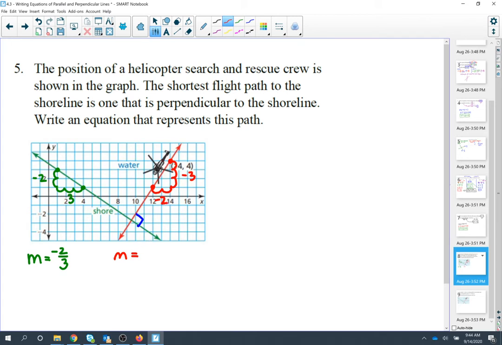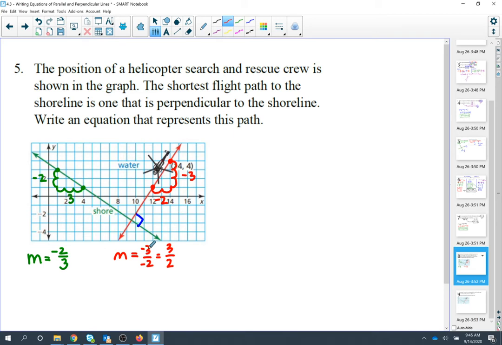So that's negative 3 over negative 2, which is really positive 3/2. So are those lines, in fact, perpendicular? If they are, they have to be opposite, so one has to be positive, one has to be negative. Yes. And 2/3 has to flip upside down to become 3/2. Yes. So those are perpendicular lines.